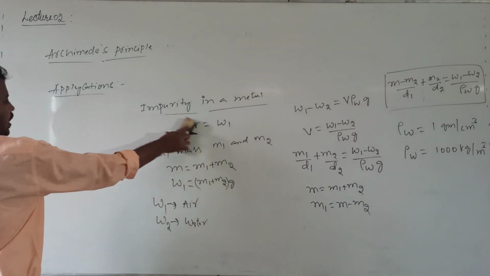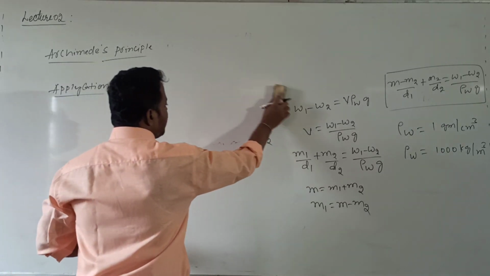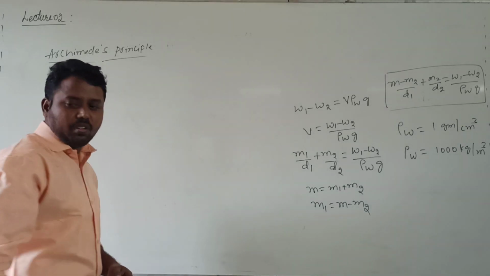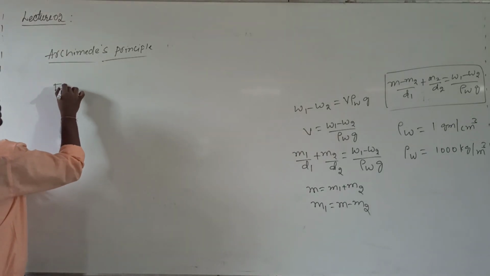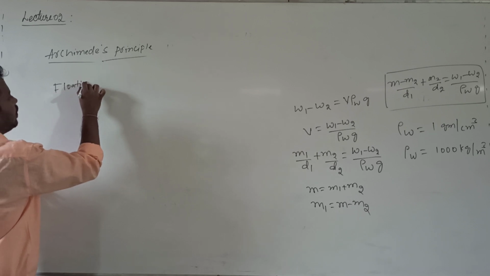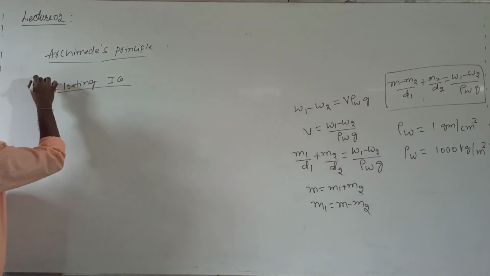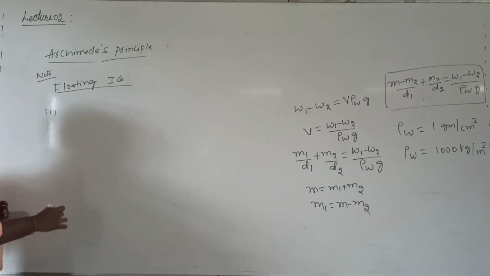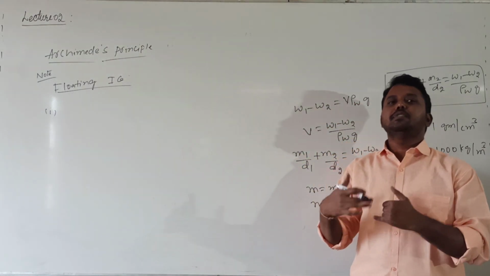The next important point is floating ice. Based on this Archimedes principle only, questions are frequently asked. Some points, see once. First point, let us suppose ice is floating in water, which is melted.